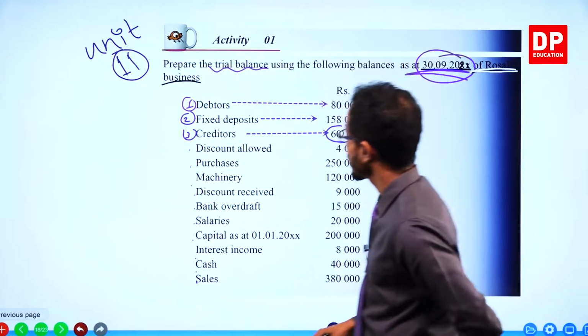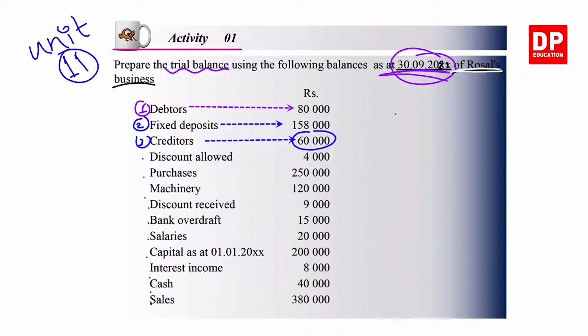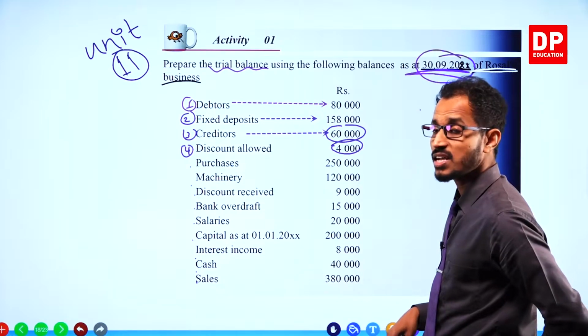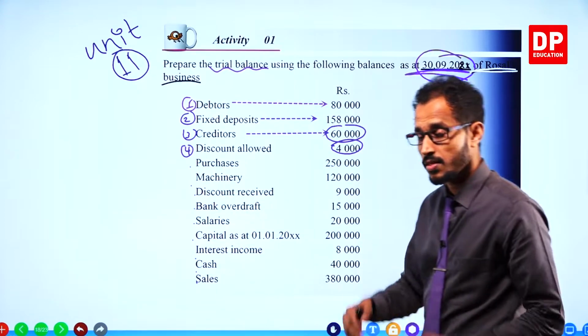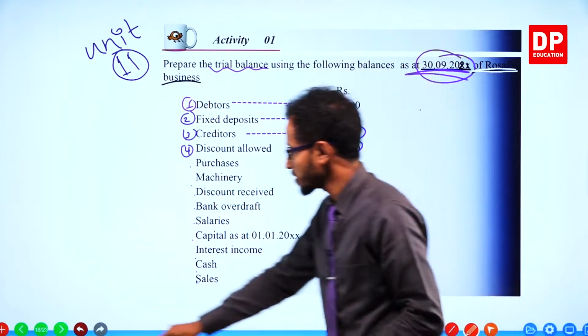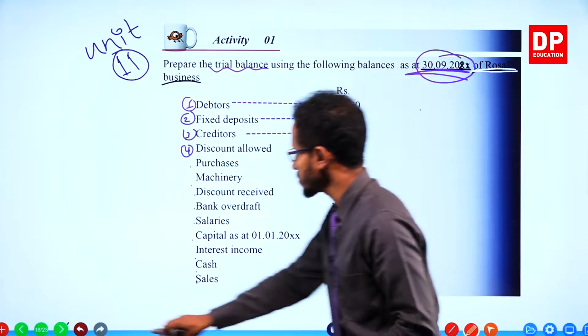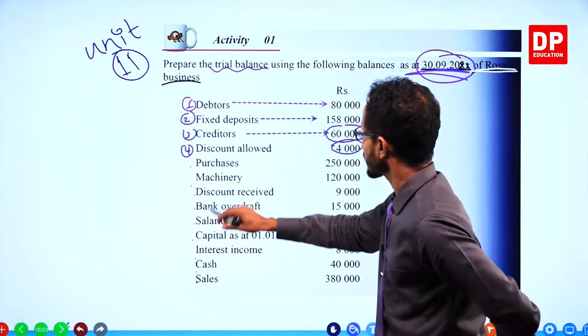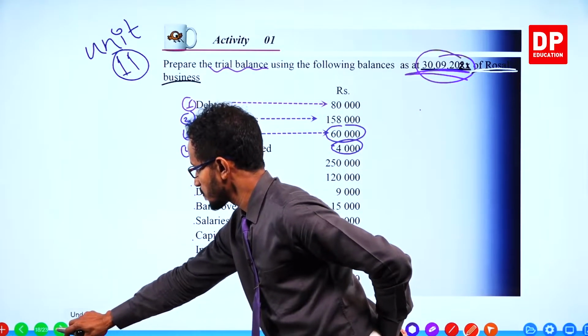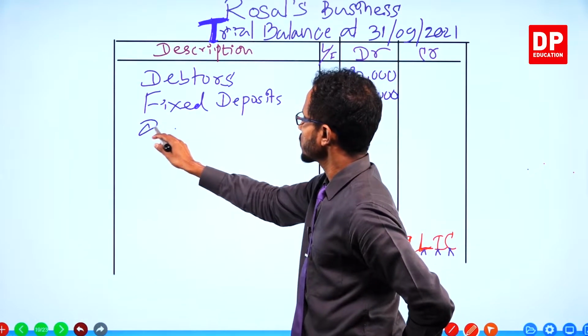Let's rush through now that we know which balances are debited and which are credited. The fourth one, discounts allowed, 4,000. We are giving discounts to debtors. Let's write it down first.